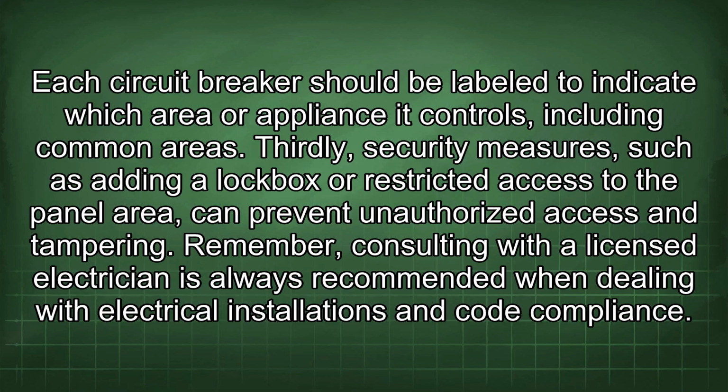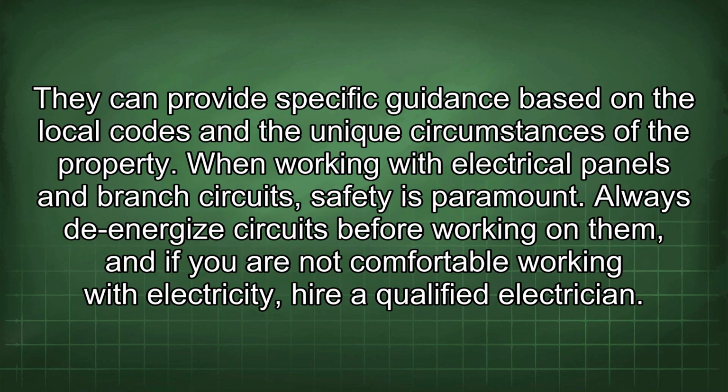Thirdly, security measures, such as adding a lockbox or restricted access to the panel area, can prevent unauthorized access and tampering. Remember, consulting with a licensed electrician is always recommended when dealing with electrical installations and code compliance. They can provide specific guidance based on the local codes and the unique circumstances of the property.